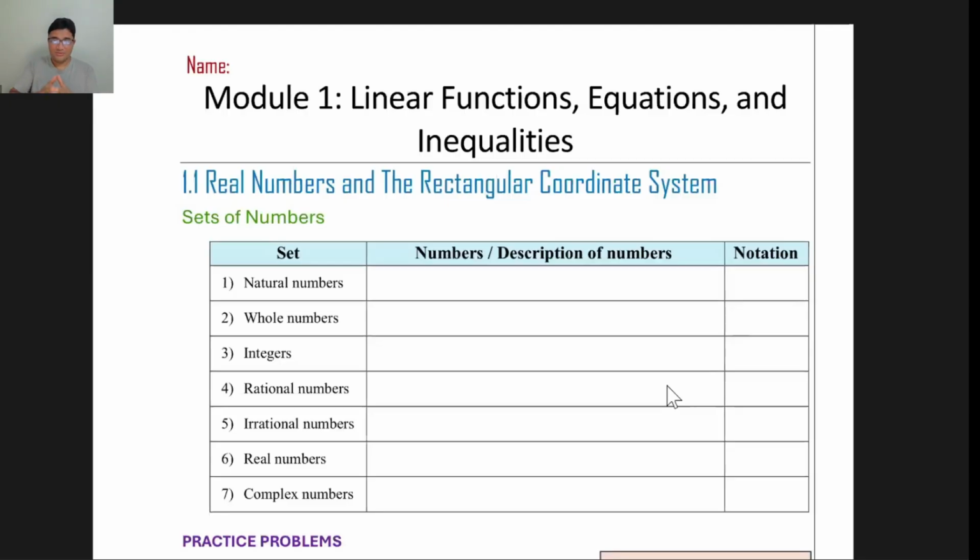So when we study functions, functions can be in general defined from any objects to any objects. But in mathematics, we use numbers to represent those objects. Hence, to understand and analyze functions, it becomes important that we understand numbers and we are familiar with the different types of numbers.